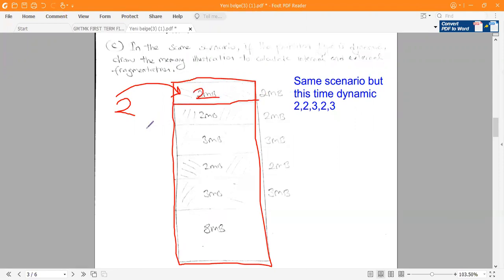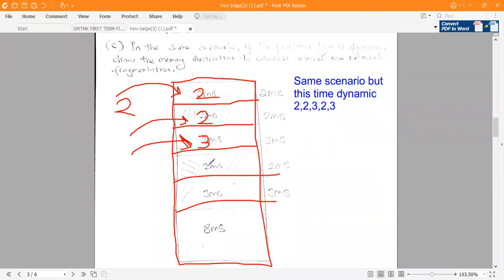Then another 2 comes, so the system will allocate another 2 megabyte partition. Then a 3 megabyte process comes. This time it will allocate 3 megabytes, then 2 megabytes, then 3 megabytes.